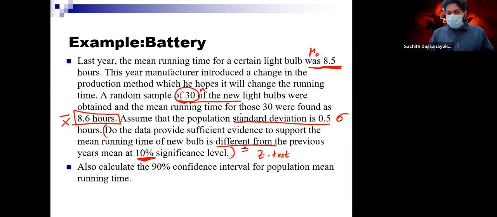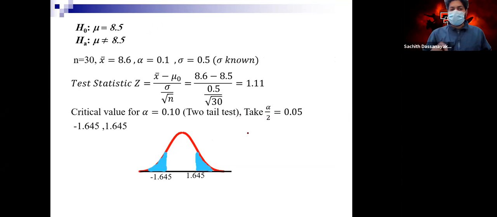That's why it becomes a two-tailed test. N is given, x bar is given, alpha is 10%, which is 0.1. Sigma is given, because sigma is known. Calculate the Z statistic or test statistic, Z cal, it is this value.